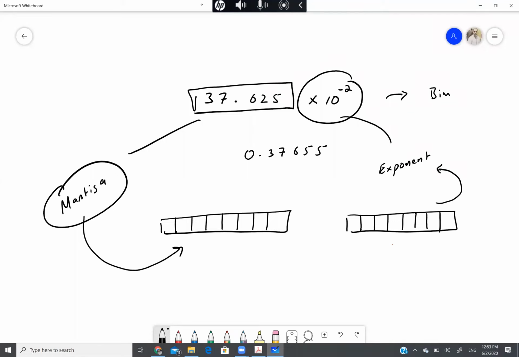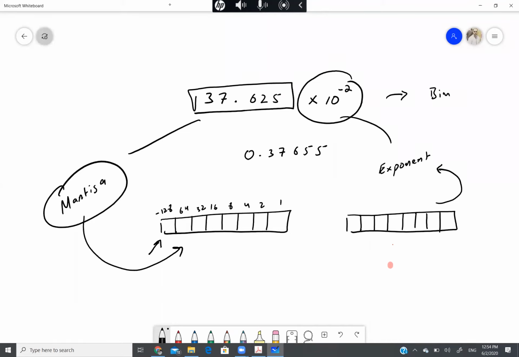Because you also know how to represent signed numbers, please let me know that you know it, because otherwise we have to revise it. When we represent negative numbers, always the MSB is used to represent sign, or it has a power which is minus. For example, if you have this 8-bit register, it goes something like this: minus 128.